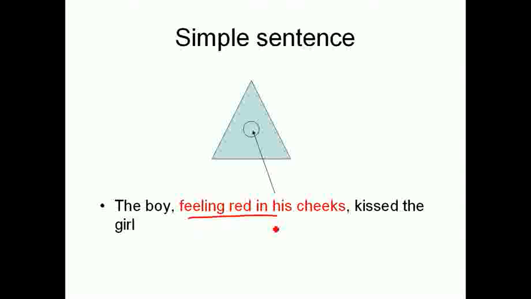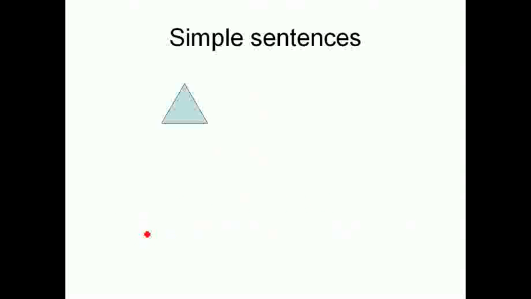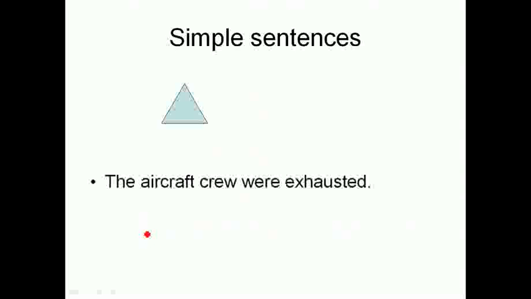You can also have a non-finite verb in this format here, and that could be symbolized as such, where you have the non-finite verb in the middle there, and the triangle symbolizes the subject, the boy, kissed the girl.